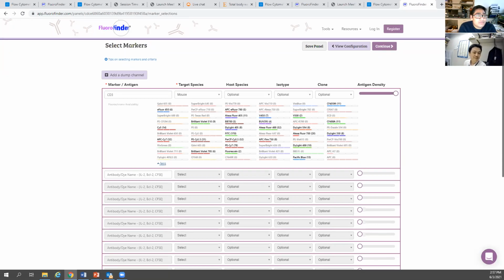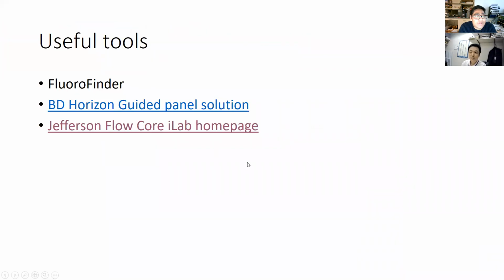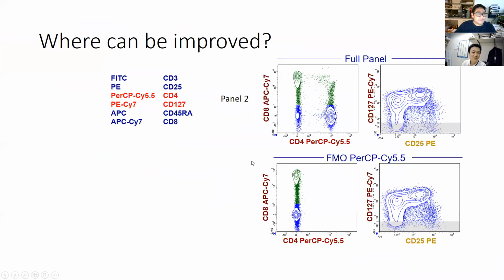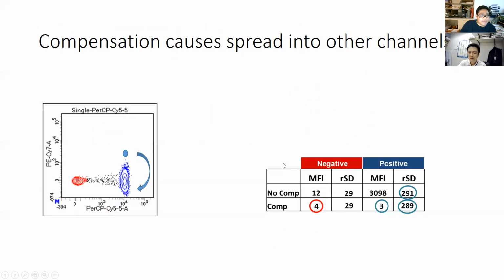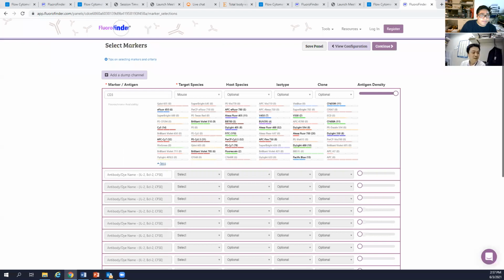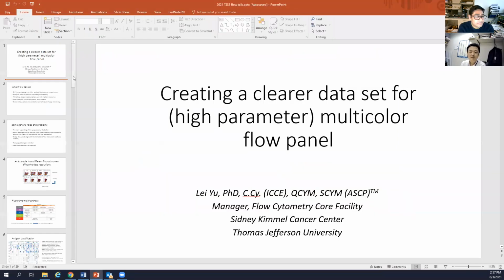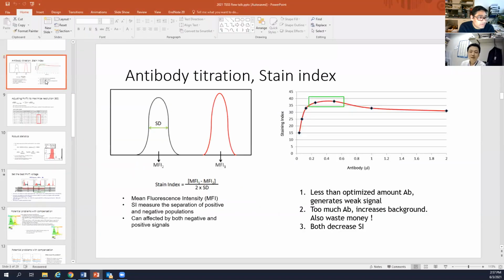Dr. Yu, I have one question about the stain index. A stain index? Okay, let me bring that up. Okay, I think that's the one, right? Yes. In the stain index there's a line graph.